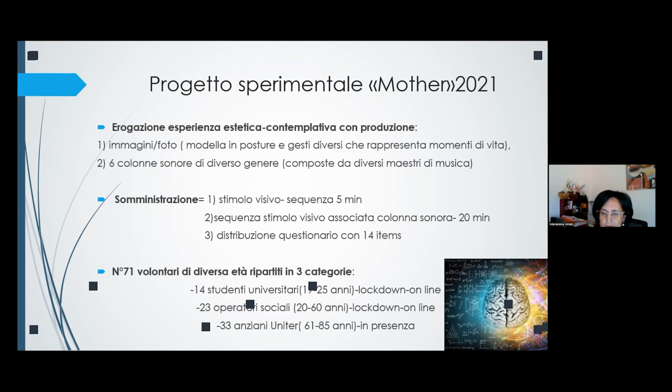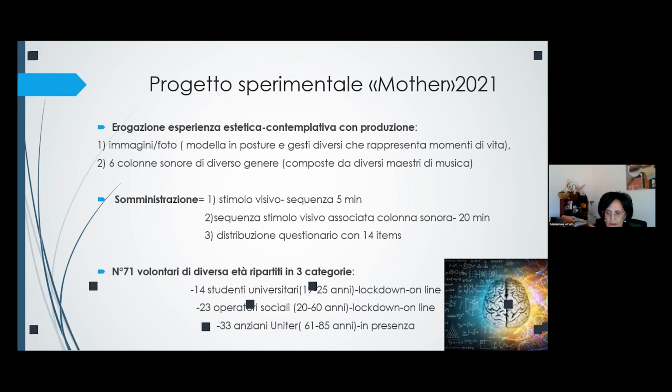The idea was to show just the pictures for 5 minutes, so without music. Then to show again the same pictures, the same sequence with different music, so for all kind of music for 20 minutes. And then we gave a questionnaire that had 14 items.